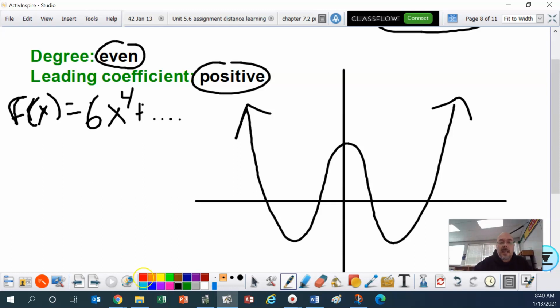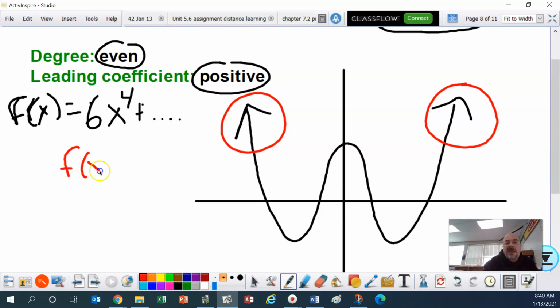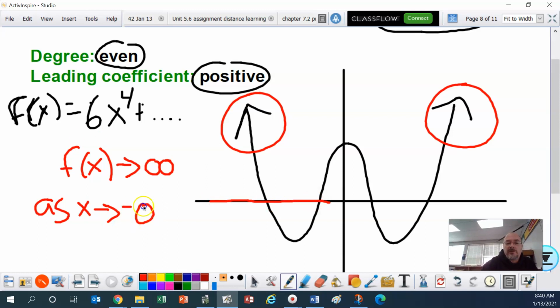So what's the end behavior? Again, look at what's going on in the end. Well, on the left side, we see that the f of x is going to positive infinity. Now, if you want to put a plus sign in front of that infinity, that's fine. And what's the x value doing? Well, the x value, that's going to the left, ladies and gentlemen, is negative infinity. What's happening on the other side?